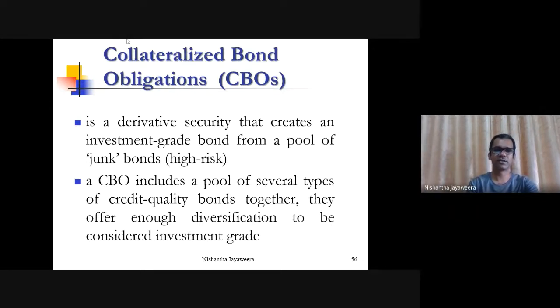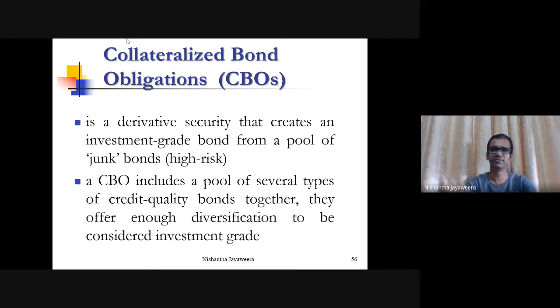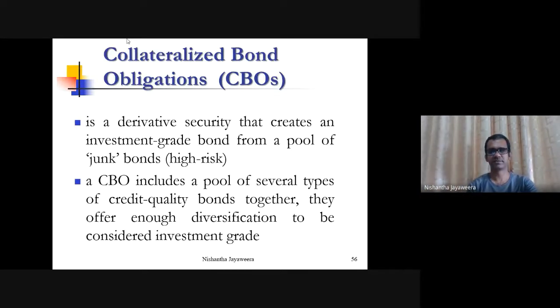How can I do that? I cannot give a mortgage loan to another person. It would be a very costly affair. But through these products, if I can buy a CDO or a CBO, then I can get exposure to that market or that segment of the market.